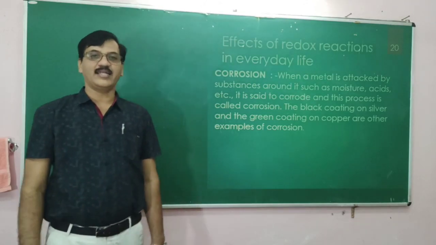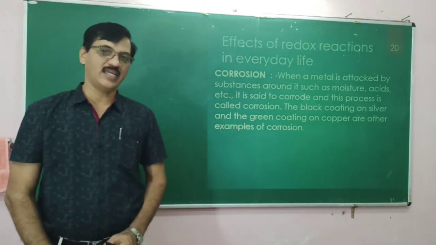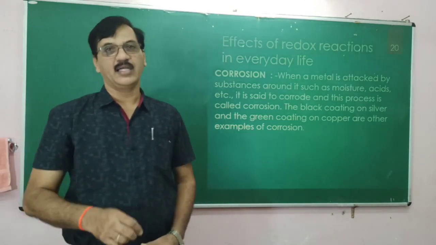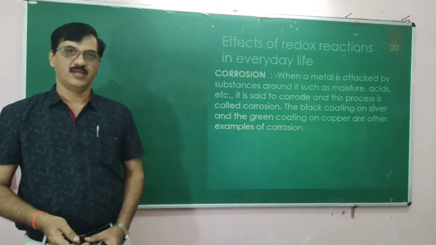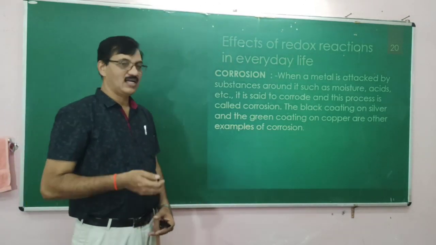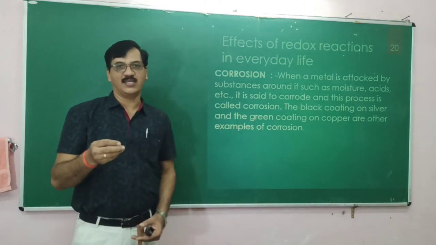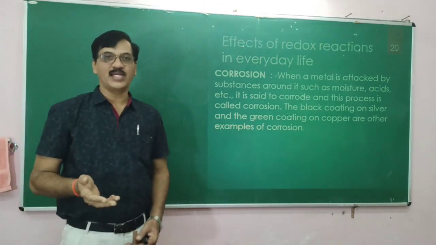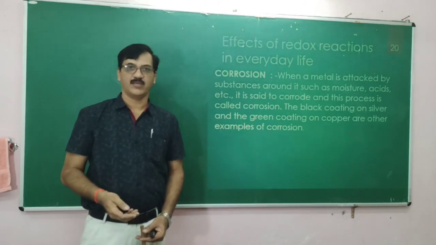When the metal is attacked by atmospheric oxygen or air and moisture, it forms a layer of its oxide. And for iron, this layer of oxide will become flaky and fall down, due to which the strength of the metal is decreased.